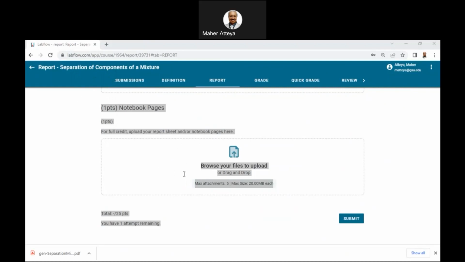What I did here, mass of the original sample is this amount here. Copy. This here minus this one here.